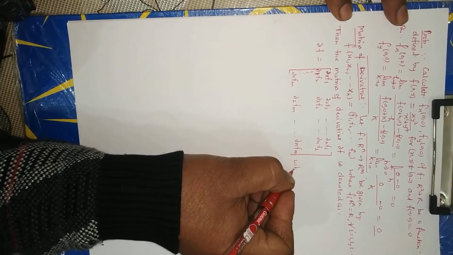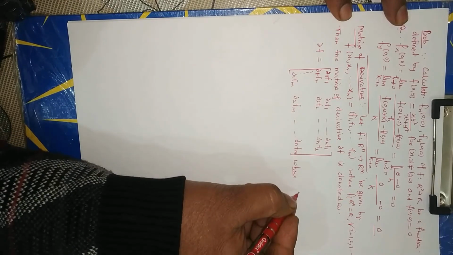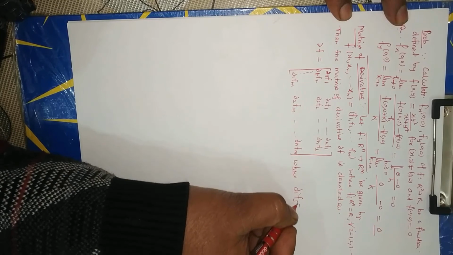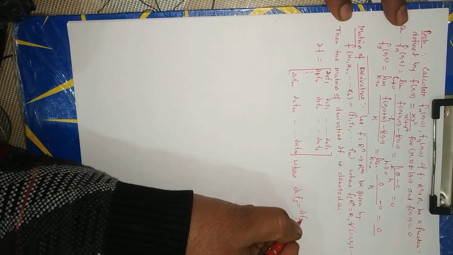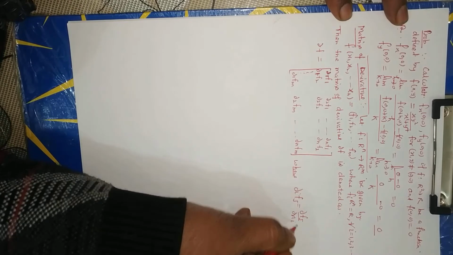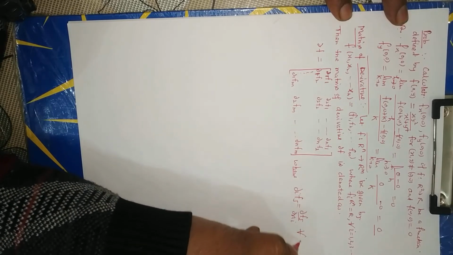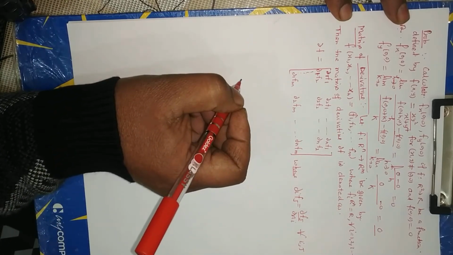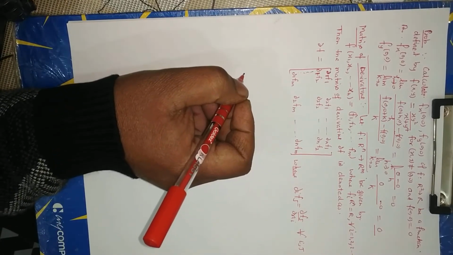We have del i fj equal to del fj upon del xi, for every i, j having a finite value.